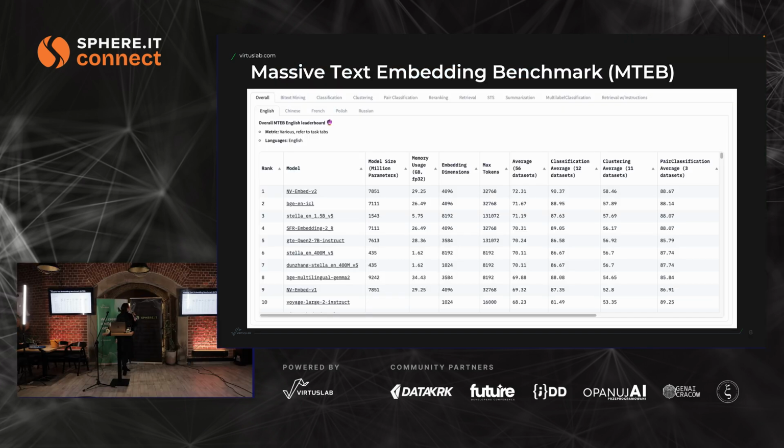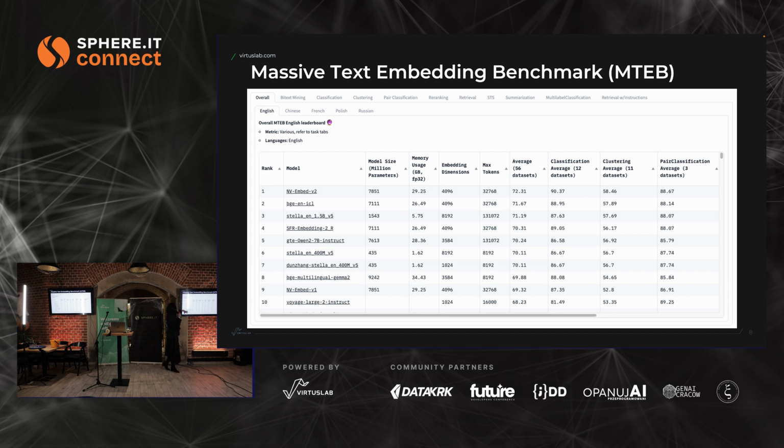Choosing a model is best done by looking at the most popular benchmark for text embeddings, which is called MTEB. And you can see this leaderboard here.